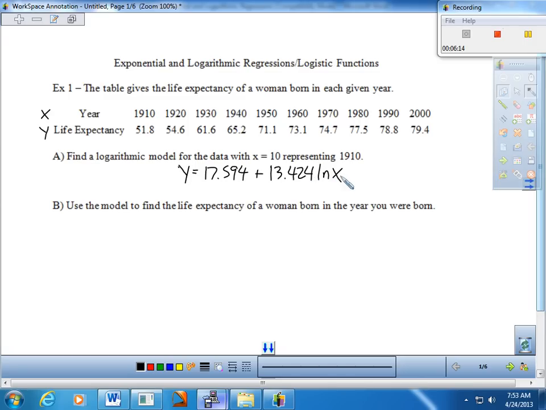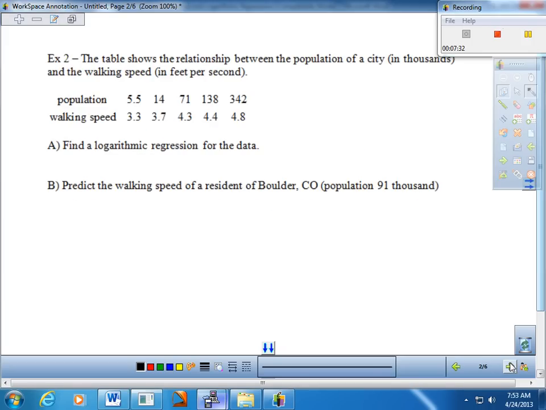If you don't mind, obviously it's tough for me to do that at this stage, but if you can do that, that would be great. All right, very good. So just a nice logarithmic model there. Works out pretty well. Let's do one more, and then we'll get into the exponentials.